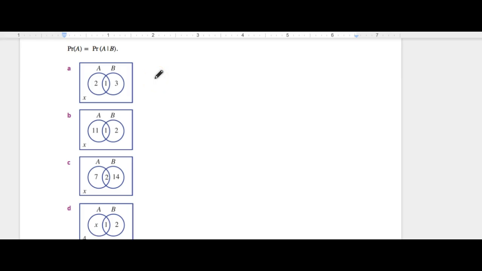Now, just before we do that, remember the conditional probability formula: the probability of A given B is equal to the probability of A and B over the probability of B. For each of these, we can use this formula. So the probability of A is, we've got 2 and 3 in A over the total number.